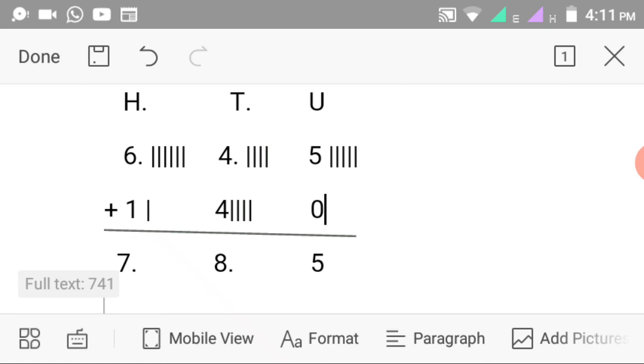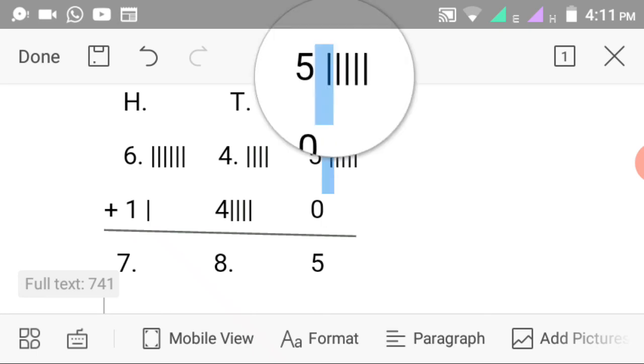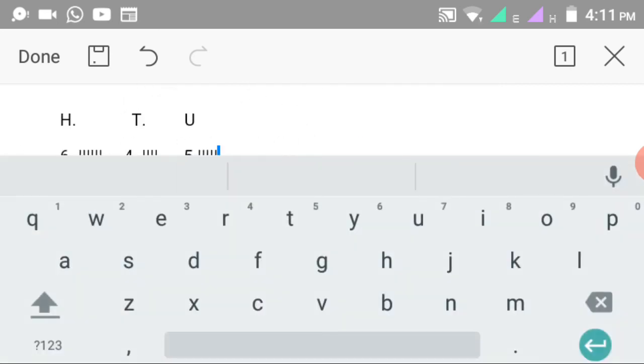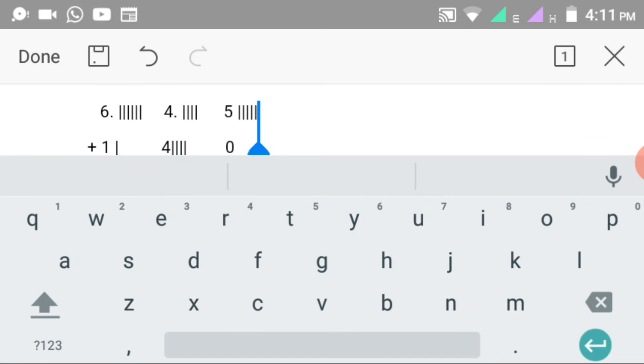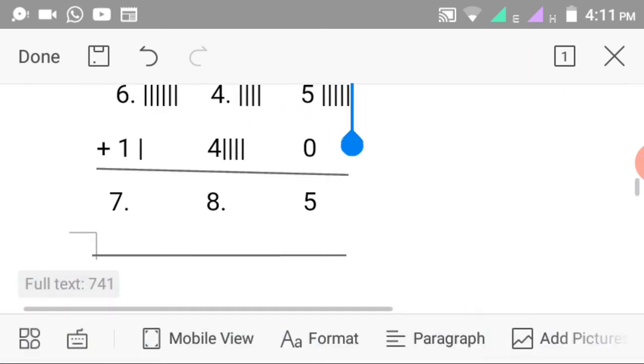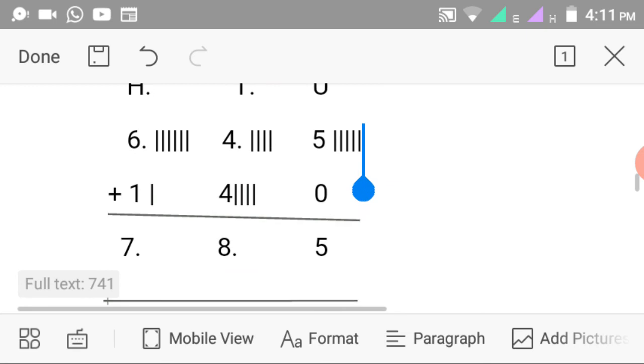Now, I will go to my 4 plus 4 under my tens. I will count my 4. 1, 2, 3, 4. Then I will come down under the 4 again. I will count another 4. 1, 2, 3, 4.